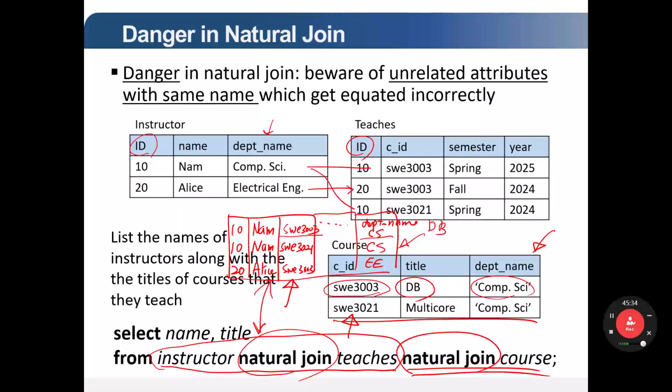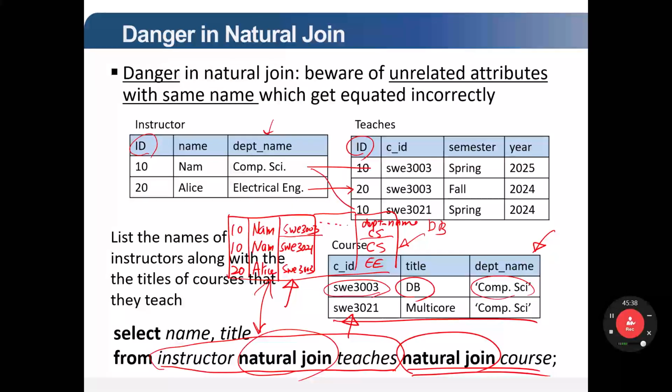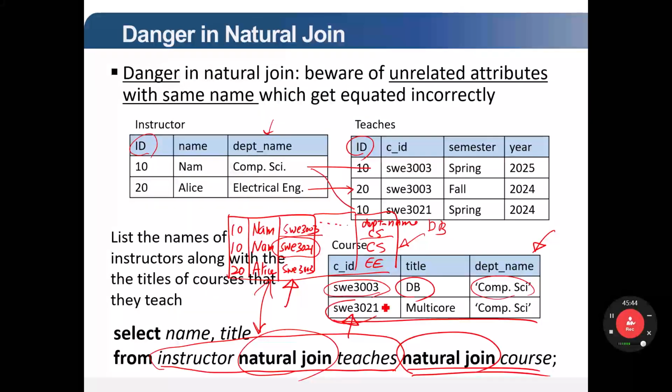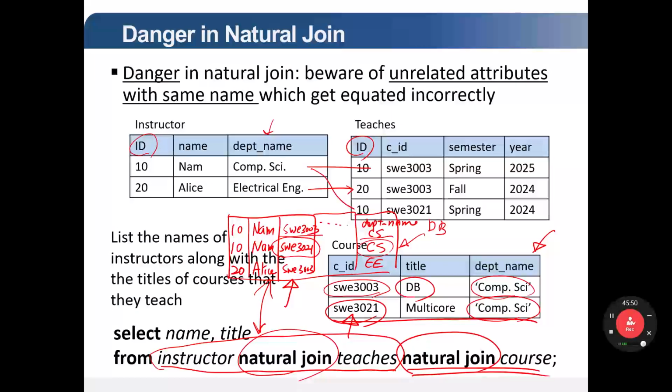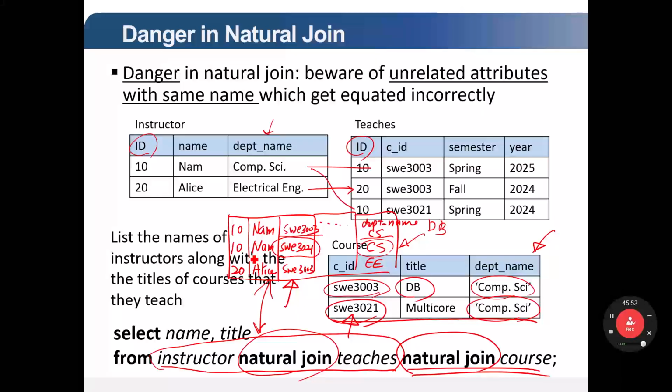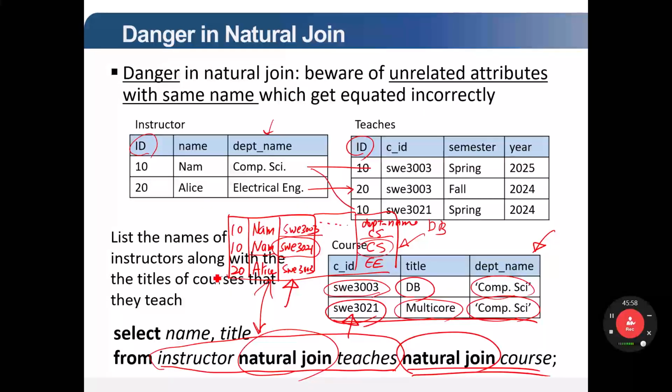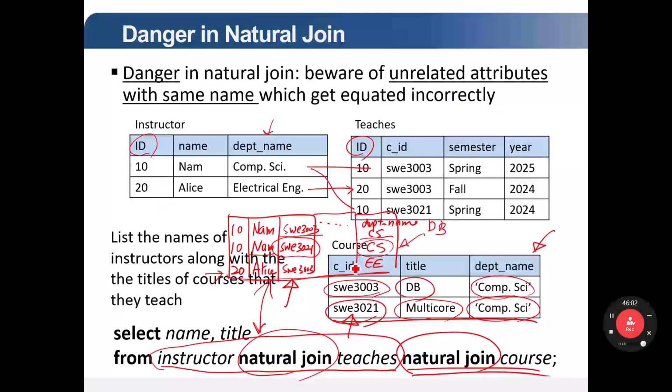So it seems I was wrong when I said it returns nothing. So we will get one record, and for the next record we compare SW3021 and we check the department name as well. So we will get another record saying that instructor Nam taught multi-core computing. Okay, and then let's check the third record, Alice.